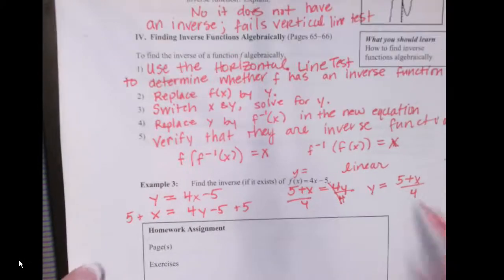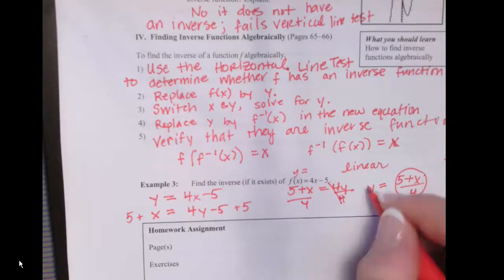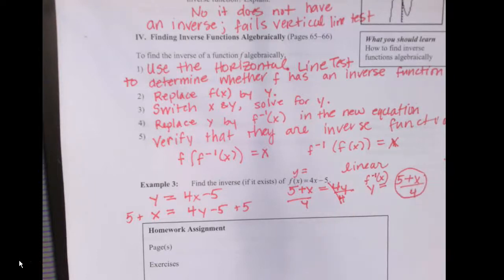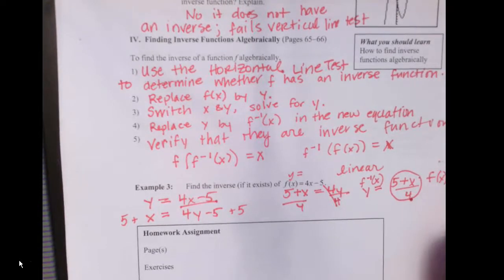And then we want to take what we got for the inverse, plug it back into the original. So we're supposed to replace the y with f to the negative 1 of x. So let me take this that I have circled and plug it back into the original. So f of x equals 4 times 5 plus x over 4 minus 5.